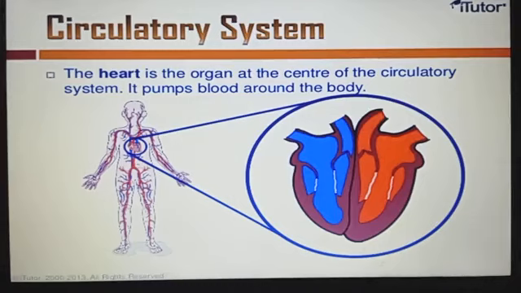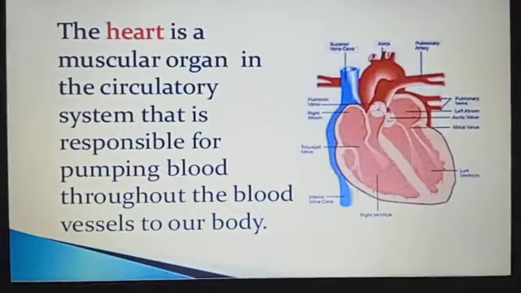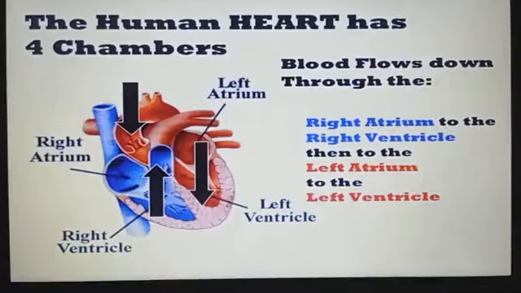The reason is these muscles show continuous contraction and relaxation without any rest throughout the lifetime of a person. So, the human heart is a muscular organ in the circulatory system which is responsible for pumping blood throughout the blood vessels to our body.